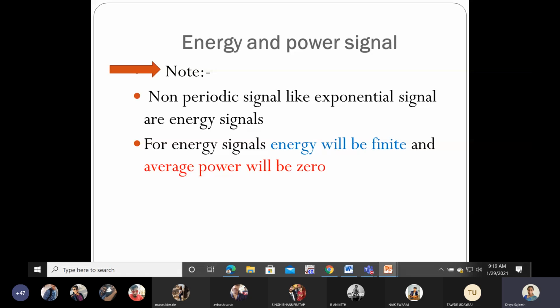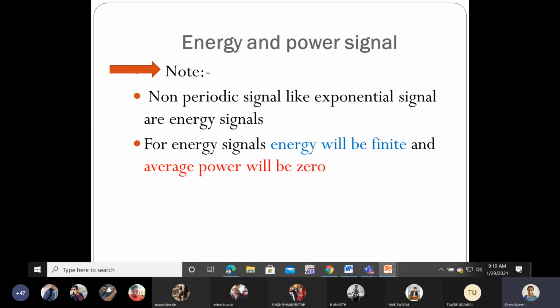If you obtain a finite energy, or a constant value for the energy, then I can tell the given signal is an energy signal. If it has a finite energy, automatically the average power of the signal will be 0.